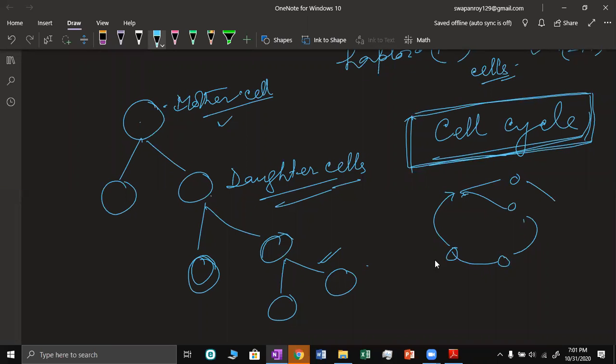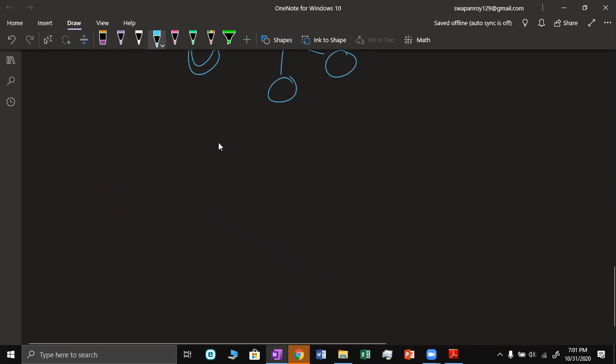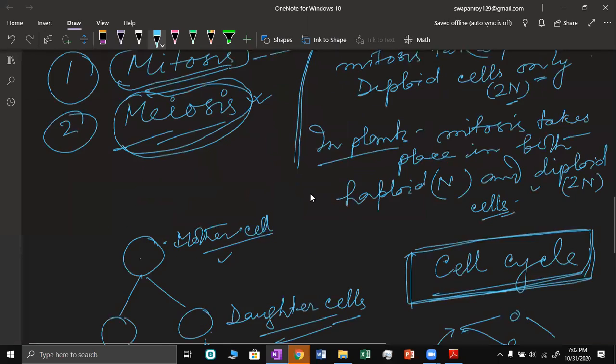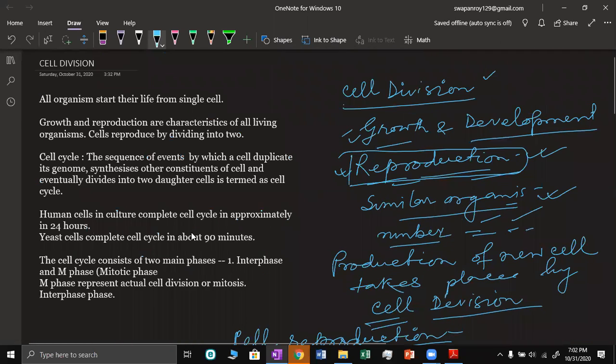So this is a sequence of events. Here you can see what the cell cycle is. The cell cycle is the sequence of events by which a cell duplicates its genome.